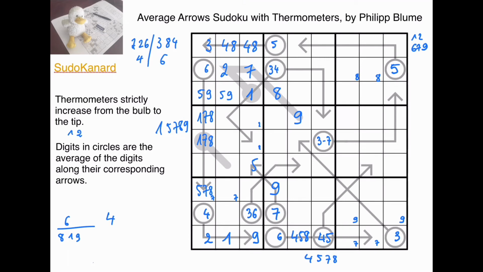So I think that 3 is not possible here, because 6, 1, and 2 would be the absolute minimum. Yes, I think that's it. So 3 is eliminated from this cell. So that's a 6.